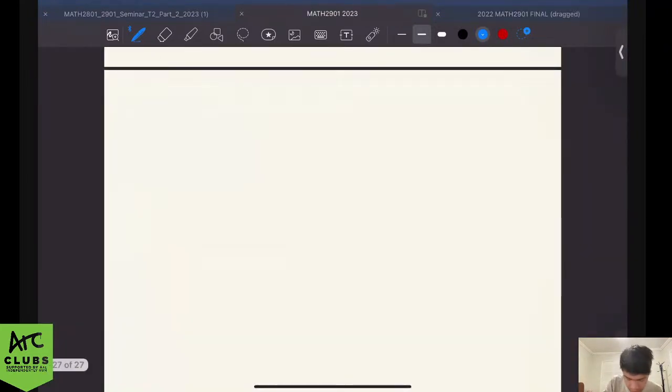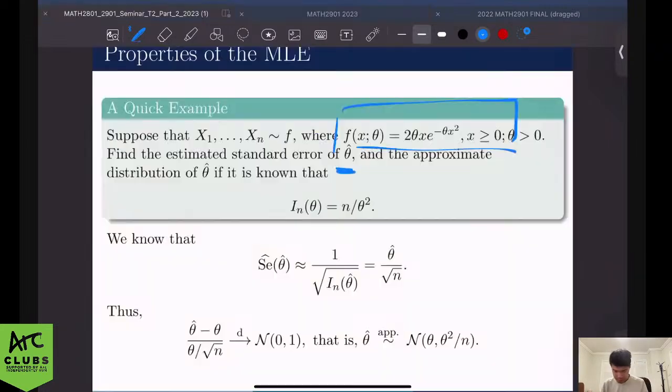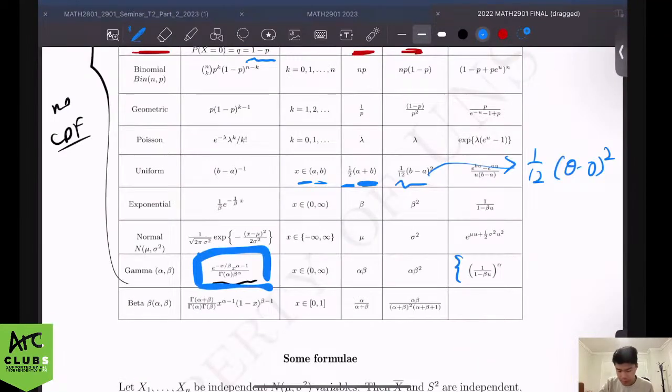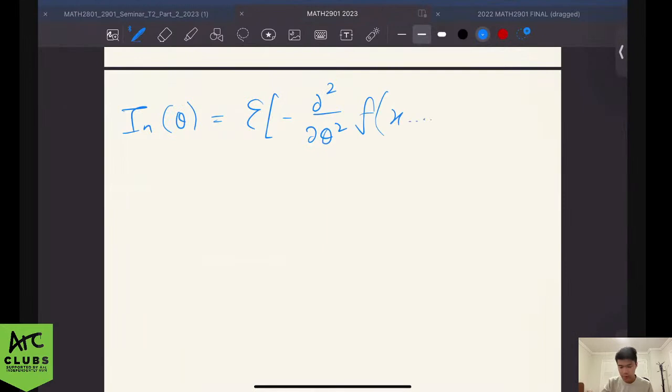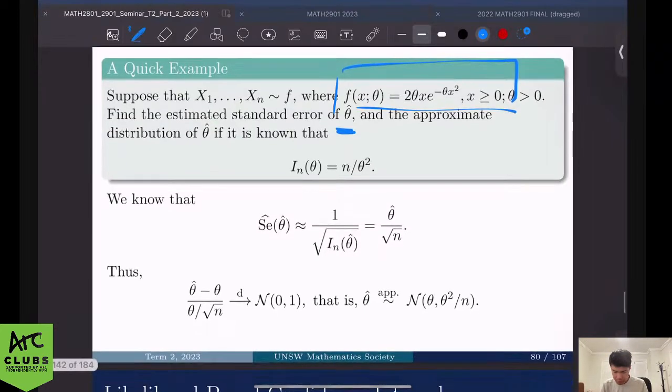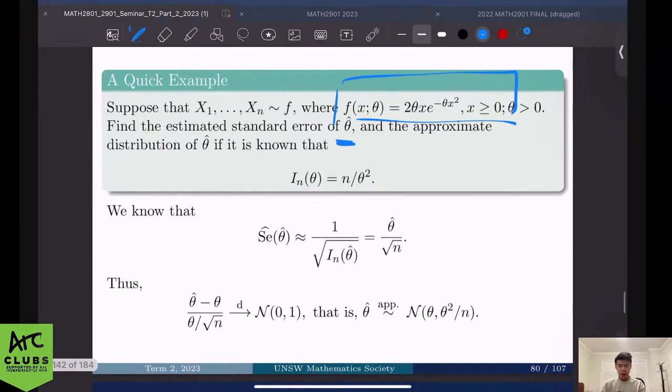The Fisher information is I_n(theta) equal to the expectation of negative the second derivative of the log. Oh sorry, no, they already gave us the Fisher information, so the standard error will just be 1 divided by the square root of that.